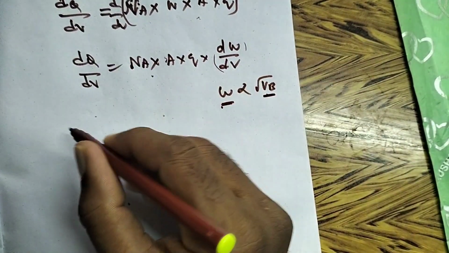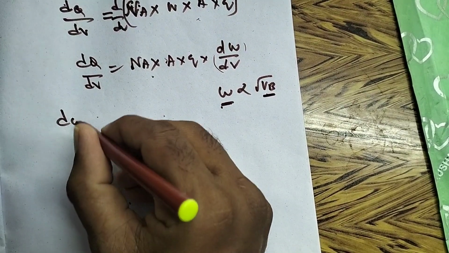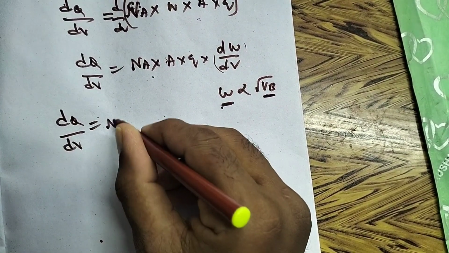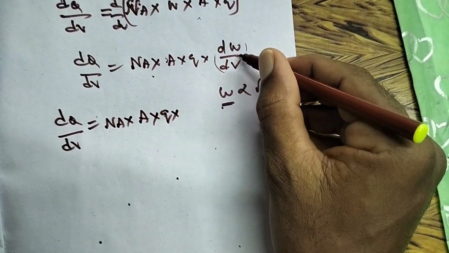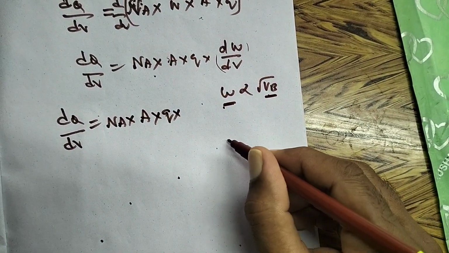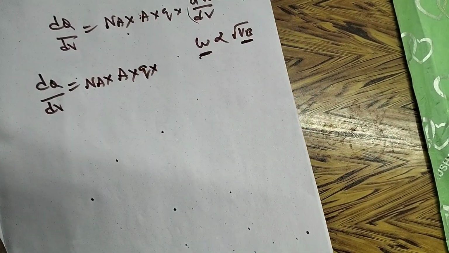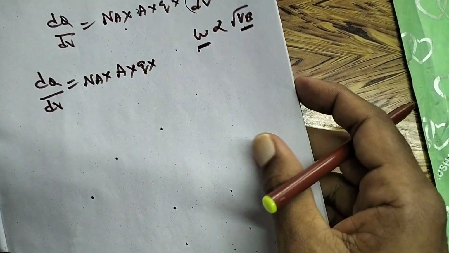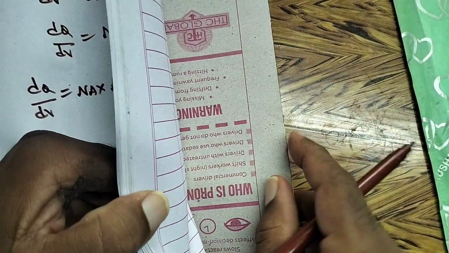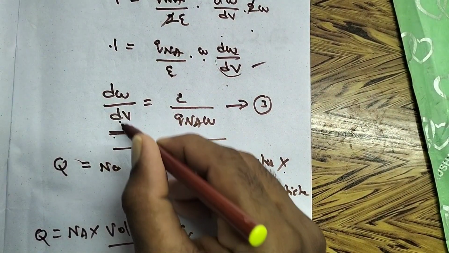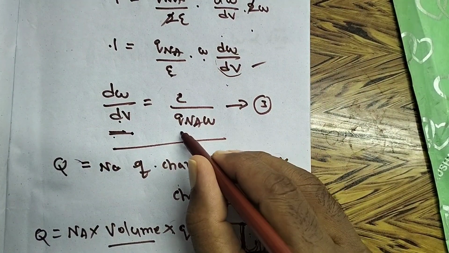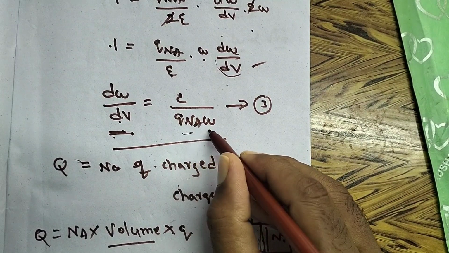Okay, so from this expression, dq by dV equal to Na into A into Q into dW by dV. What is dW by dV? Look at equation 3. I'll show you equation 3. So this is equation 3: dW by dV equal to epsilon by Q Na into W.